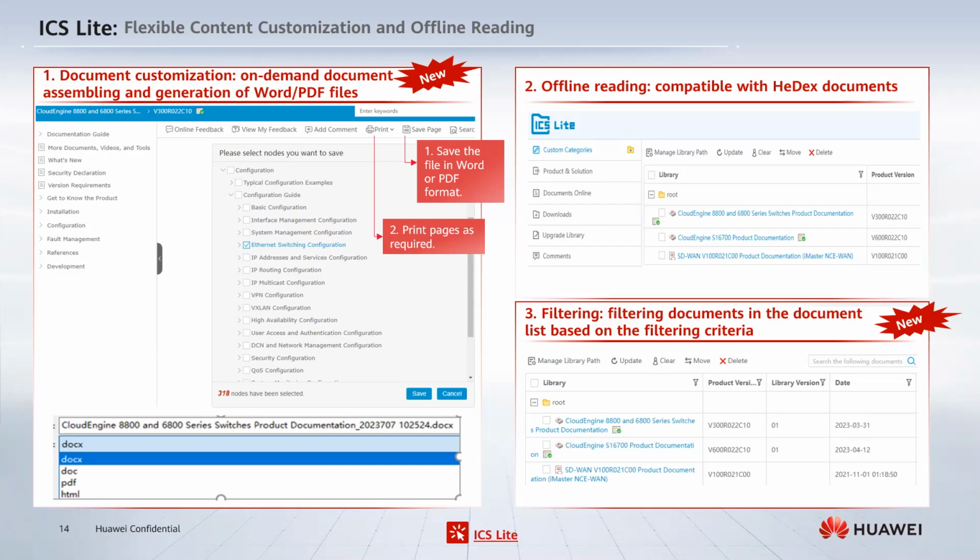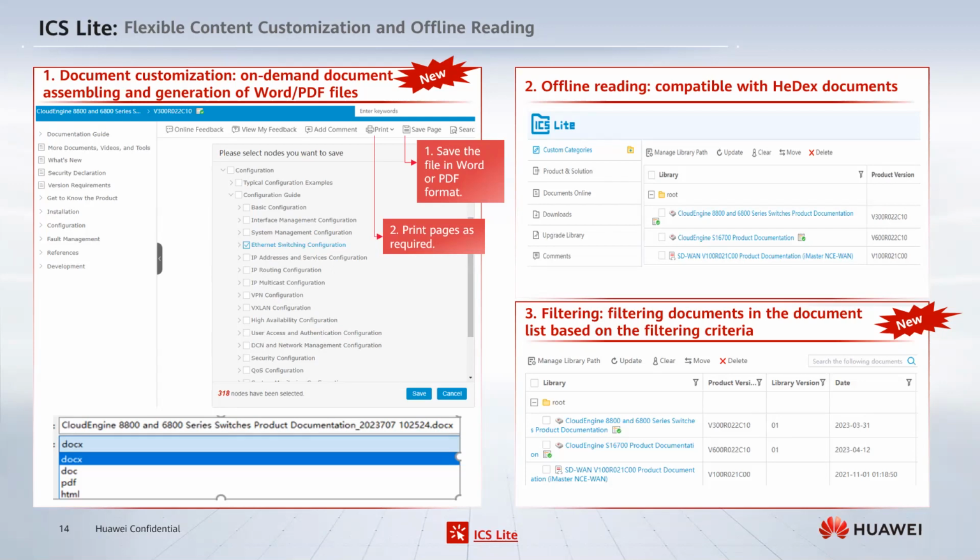For example, we can click Save Page to save the file in Word format and customize the contents as required. We can also select pages and click Print to print them. The offline management capability is available to both ICS packages and documentation packages.